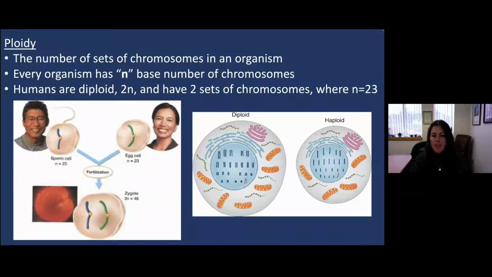Those 23 chromosomes from each parent correlate to each other by number, and they're called homologous chromosomes. If you're interested in genetics and breeding, you know that homologous chromosomes carry the same genes, they have the same amount of DNA, and they're the same size.